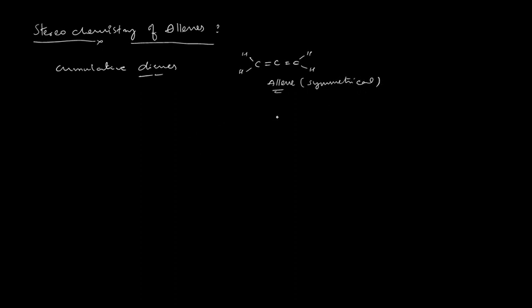To a symmetrical molecule we cannot assign RS configuration. We have to look at whether the asymmetric carbon or asymmetric atom is present, or whether the molecule is asymmetric or disymmetric.